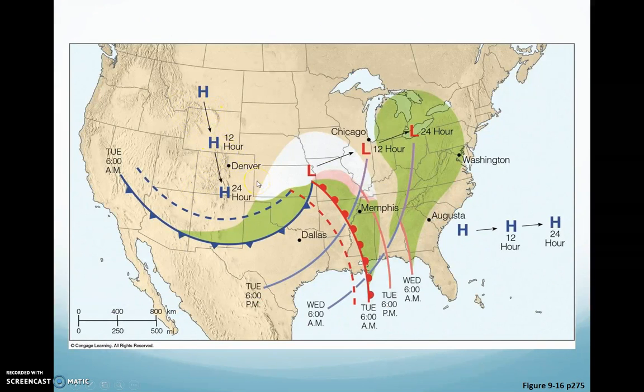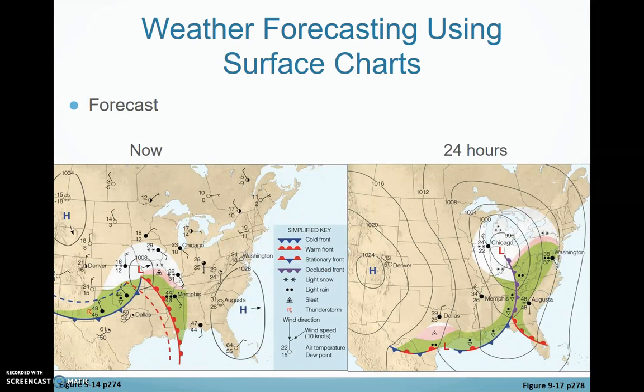So it's going to push it towards the southeast. We are most concerned about the low pressure, this mid-latitude cyclone, but it's useful to see what's happening with other pressure systems as well. So there's the picture. On the left, you have what is happening now, and on the right, we have a prediction of what will happen 24 hours from now.